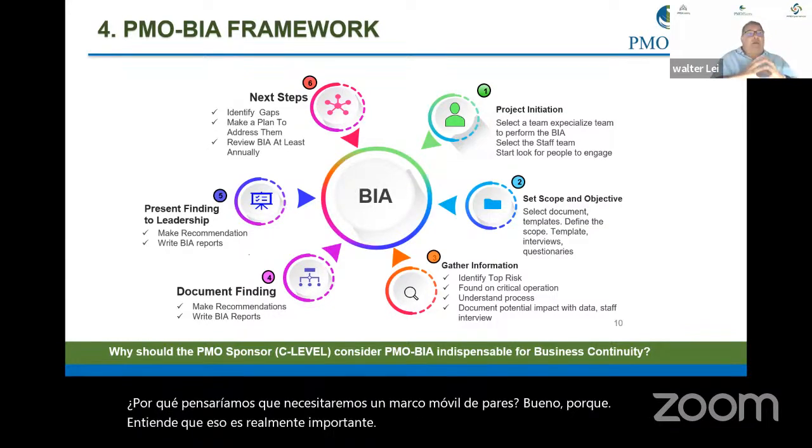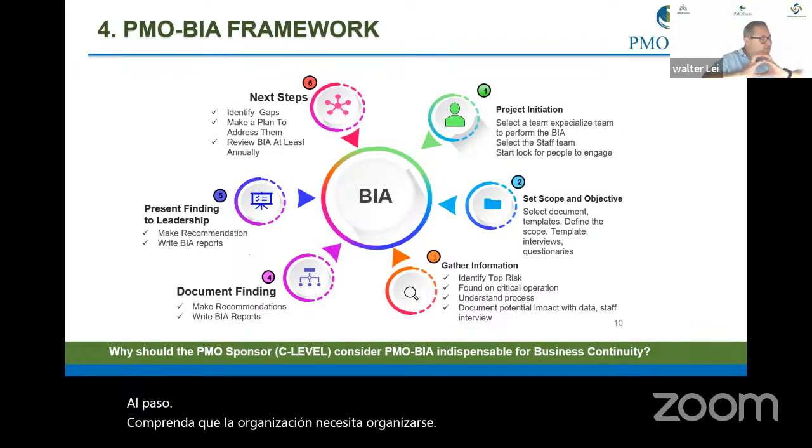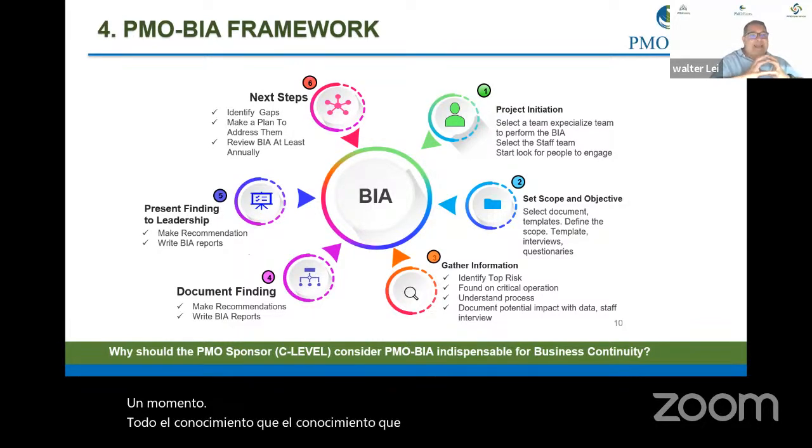And we came up with a framework of 6 steps, because organizations need to organize all the documentation, all the knowledge, that is not well organized and not well understood. And why?